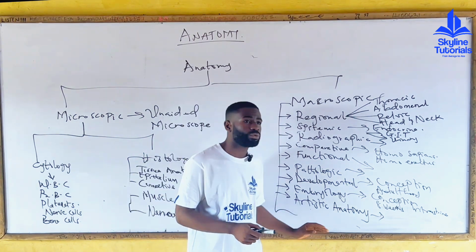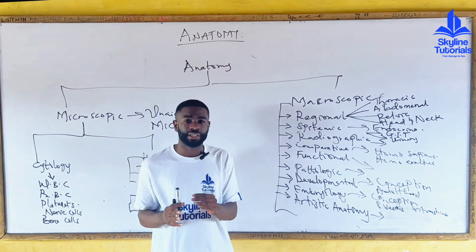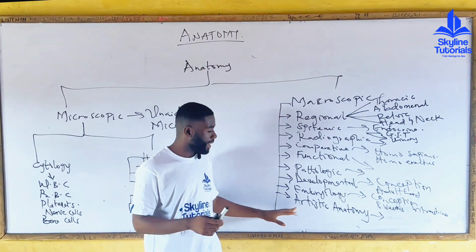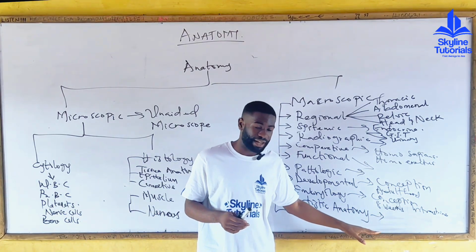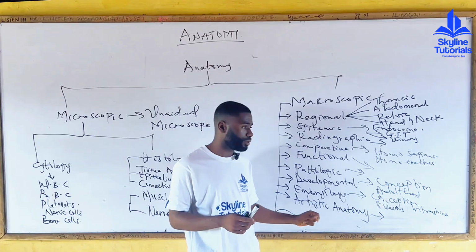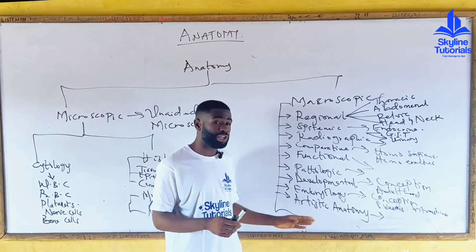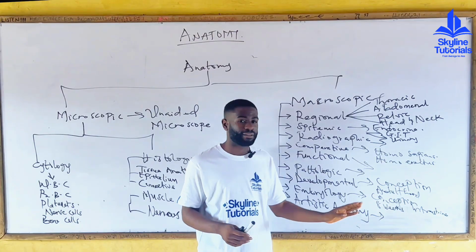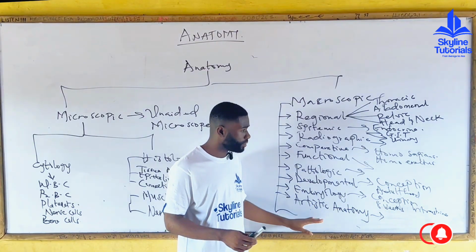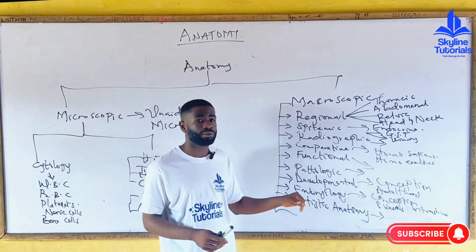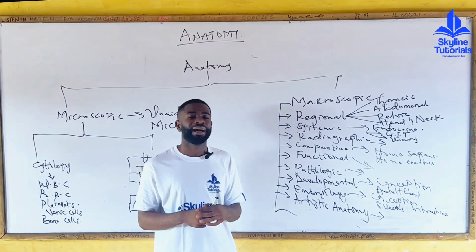So for me to have a sculpture of these organs of the body system, I would venture into artistic anatomy. Take note of that. It is a branch of anatomy that deals with the relationship between anatomy and fine arts. Take note of that. So that's it basically for the different subfields of macroscopic anatomy.